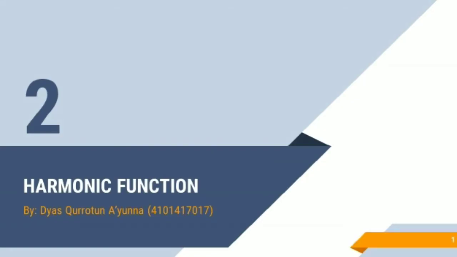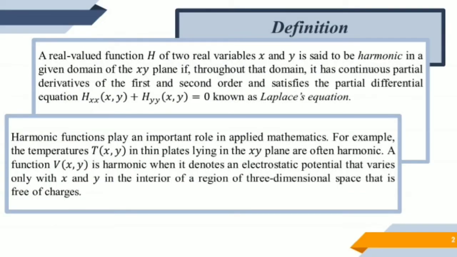The next material is about harmonic functions. The definition: a real-valued function h of two real variables x and y is said to be harmonic in a given domain of the xy plane if, throughout that domain, it has continuous partial derivatives of the first and second order and satisfies the partial differential equation h_xx(x,y) + h_yy(x,y) equal to 0, known as Laplace's equation.